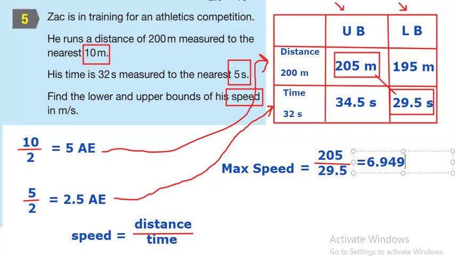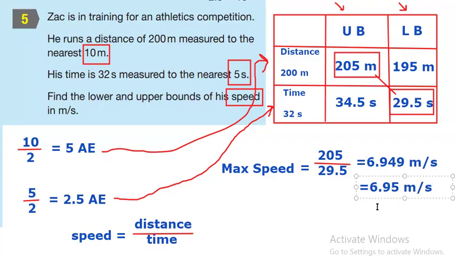Meters per second, of course. So the answer will be 6.95 meters per second, rounded to three significant figures. That's the first answer, which is the maximum speed or the upper bound of the speed.